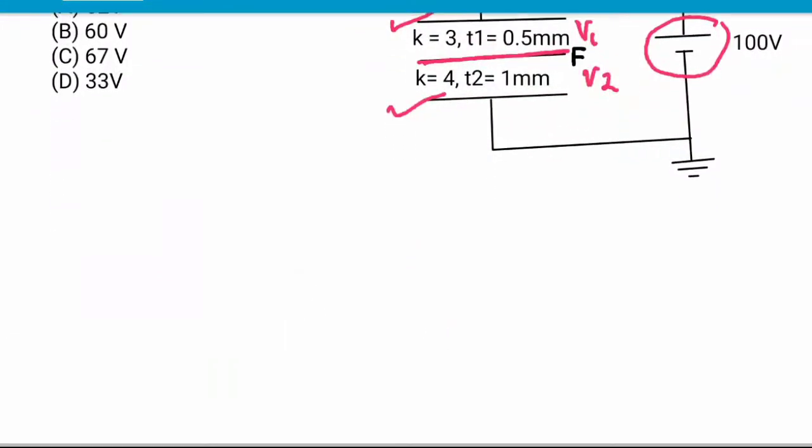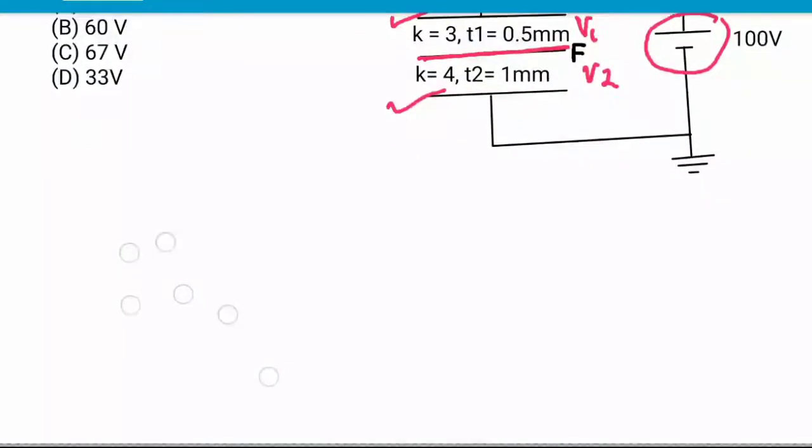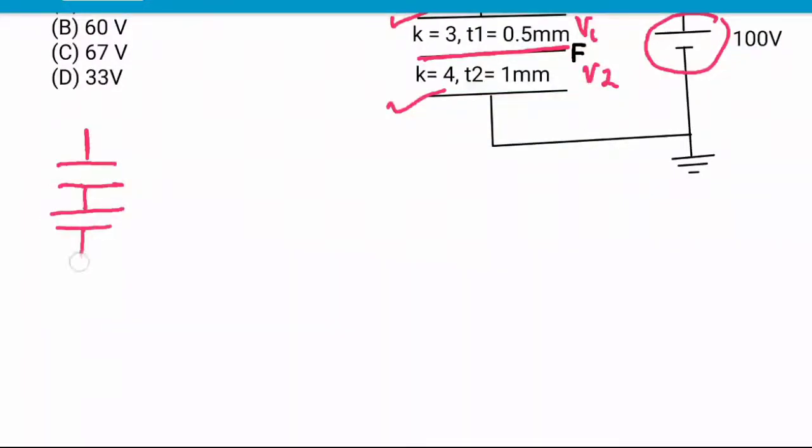So this is nothing but a series connection of two capacitors having different dielectric materials. As these are series connected, the charge for both the capacitors will be the same. As current is the same, charge will be the same.